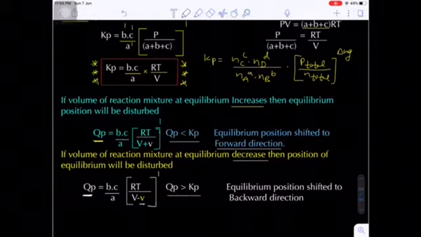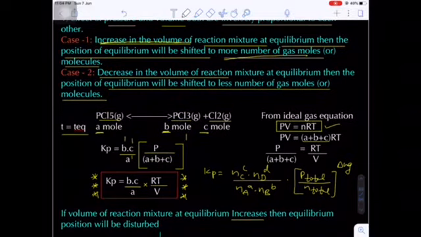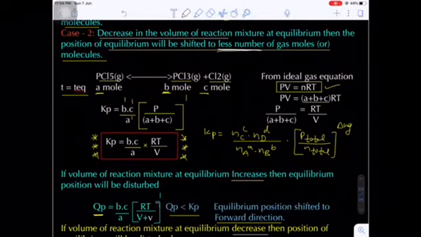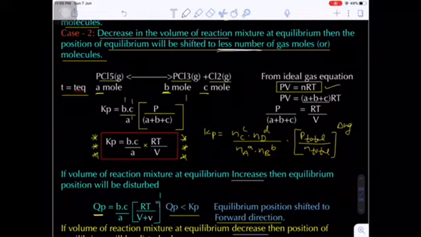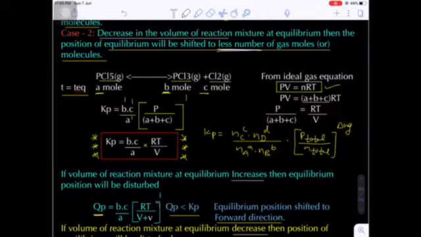That means Kp is less than Qp, so the equilibrium tends to move in the backward direction. If you decrease the volume of the system, the reaction moves to the direction where there are fewer gas particles. Fewer gas particles are on the left-hand side, because 1 mole of PCl5 gives 1 plus 1, 2 moles of products. 1 mole of reactant gives 2 moles of product.